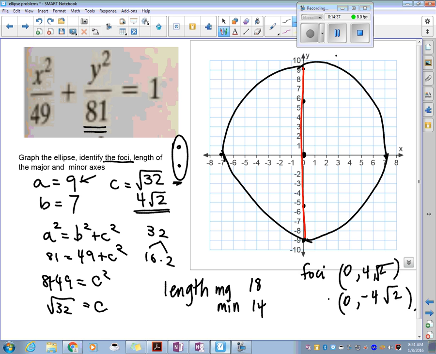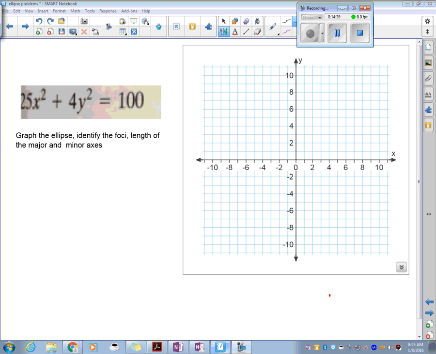Since this one's not in standard form, we need to put this one in standard form. And if it's in standard form, this would be 1. So we're going to divide both sides by 100 to make that 1.